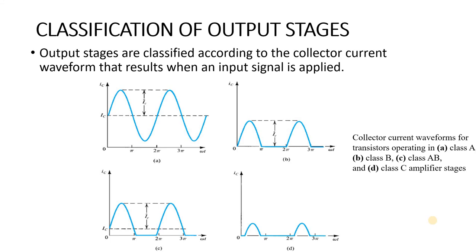See, before you study all these topics, you need to know what a Q point is and what the output voltage waveform is, and how selecting the Q point affects the output of the amplifier. All these things are very important, so you need to have an idea of the Q point, the operating point of the amplifier, before learning all these classifications.